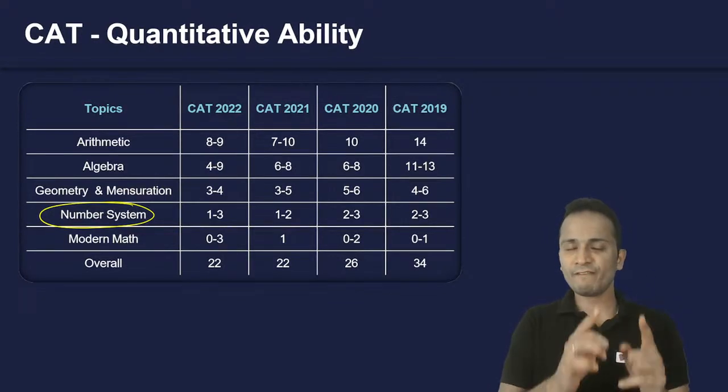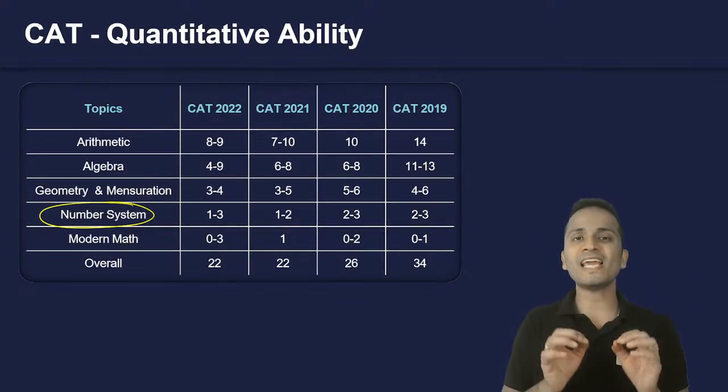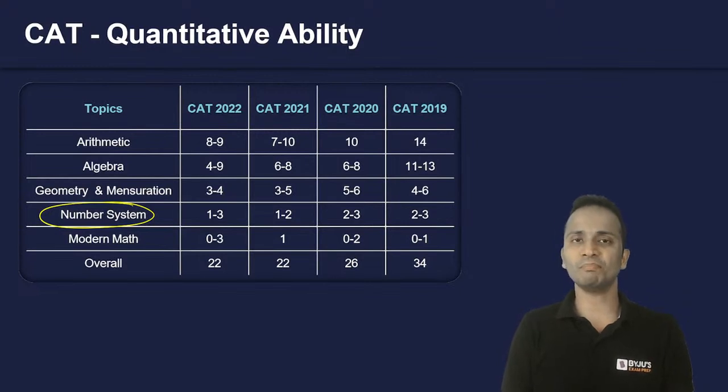And any topic is incomplete without the knowledge of numbers. So I consider number systems the most important area because of its direct as well as indirect usage or application in other areas.